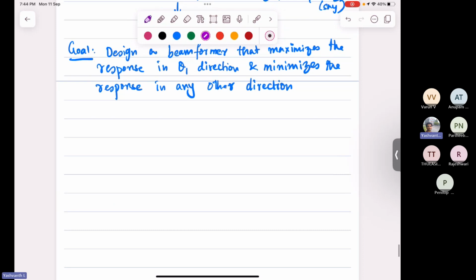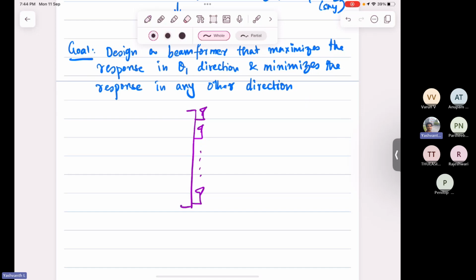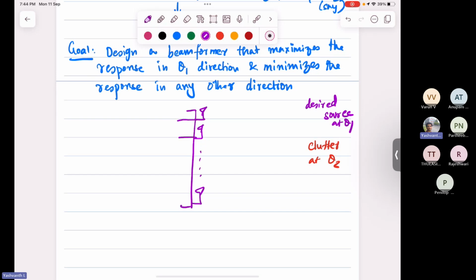So what do I mean by this physically? Let's say I have a big array. These are the sensors. And let's say I have theta1, the desired source. And I have a clutter here, let's say at theta2. So I receive the signal at every sensor. I multiply it by weight W1, weight W2, and so on till weight Wm, where m is the number of sensors or antennas. Take the outputs and then combine them.